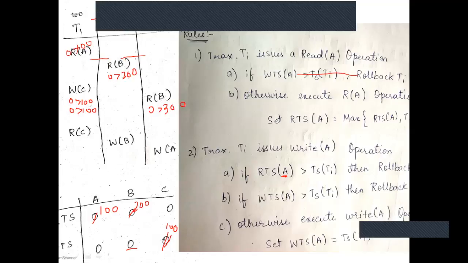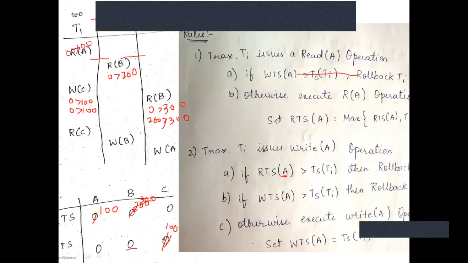So what we have to do is take the maximum of RTS of B and TS of T3, that is 200 and 300. It is not greater, it is comma, the max of these two values. So which will be the max? 300. So I should set RTS of B as 300 now instead of 200. So the updated RTS of B value is 300.